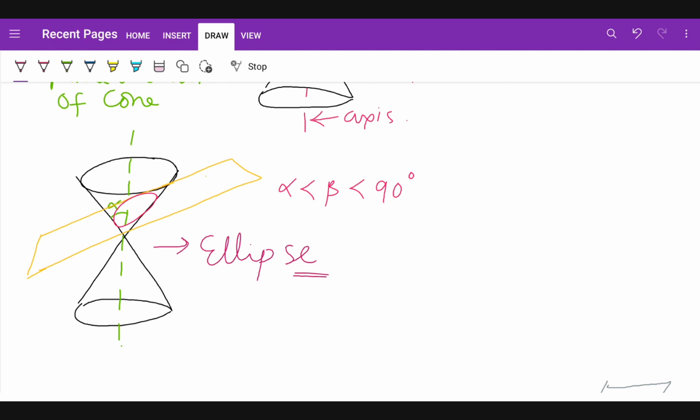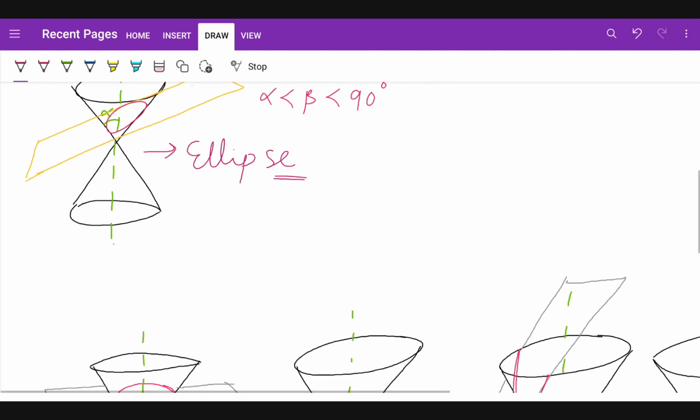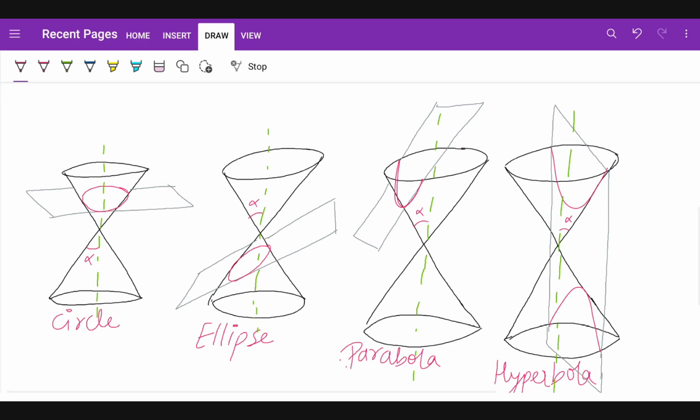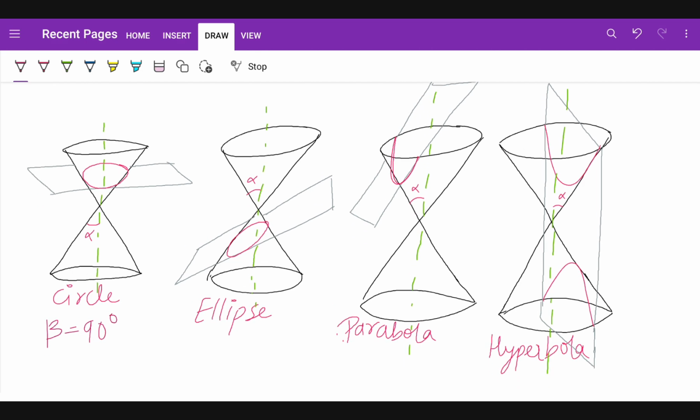Now varying beta, we will get all different kinds of conic sections. I have drawn it here already for clarification. Look at this. For a circle, beta equals 90 degrees. For an ellipse, beta is greater than alpha but less than 90 degrees. For a parabola, beta equals alpha.